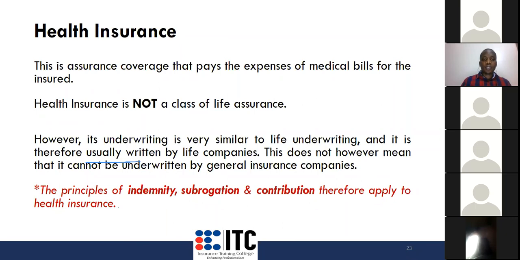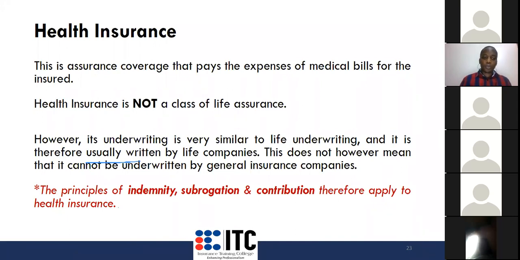As a result, it's similar to life underwriting, and life companies are able to write it as well. But that does not mean that it is a life class. It's actually a general insurance class, or what we call a short-term assurance class.